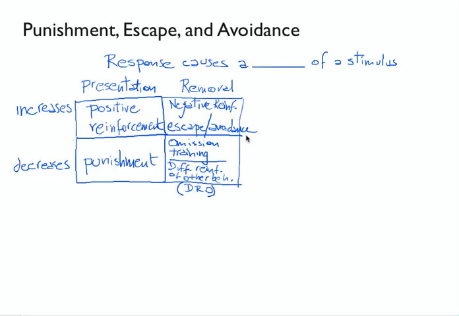In both cases, we're talking about a behavior canceling an aversive stimulus. And because that behavior cancels an aversive stimulus, it results in an increase in that behavior. The difference between escape and avoidance is when the cancellation of the aversive stimulus happens.